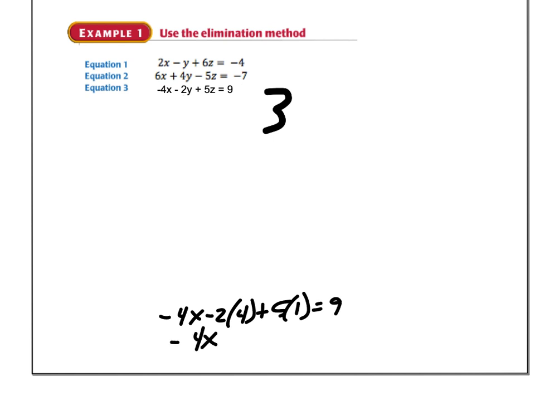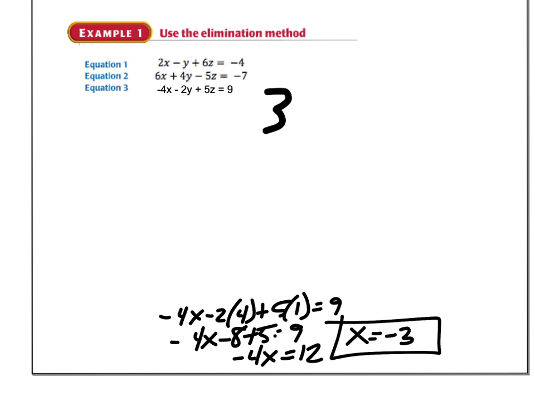Negative 4x minus 8 plus 5 equals 9. Negative 8 plus 5 is negative 3, and then I add 3 to both sides. So I get negative 4x equals 12, and dividing by negative 4, I get negative 3. So x is negative 3.